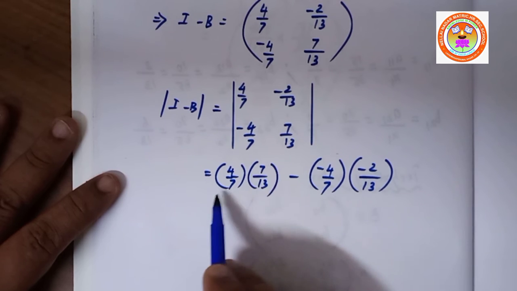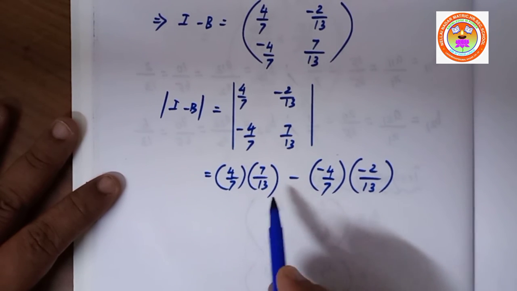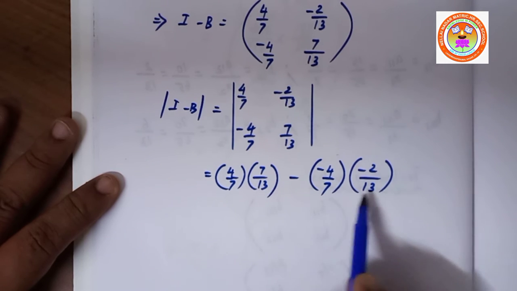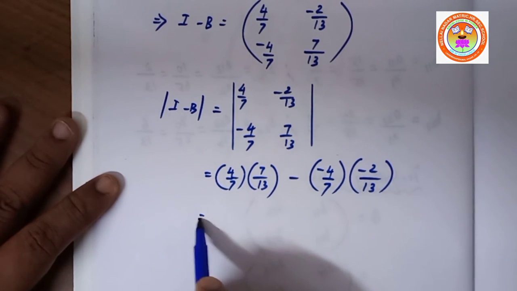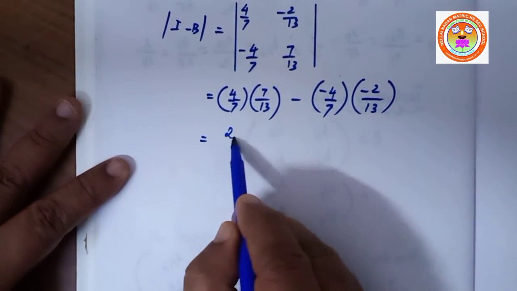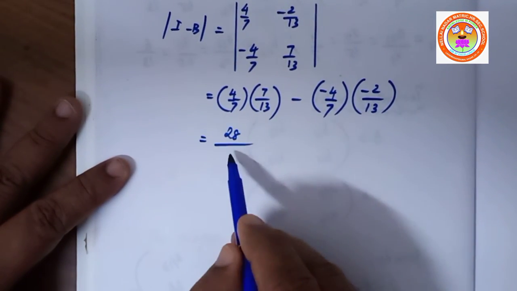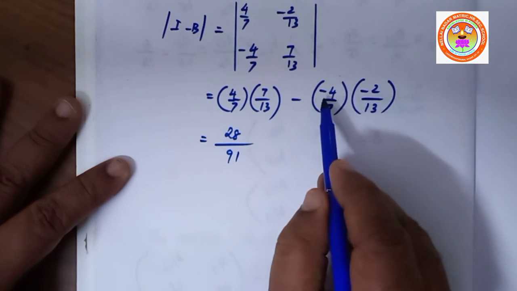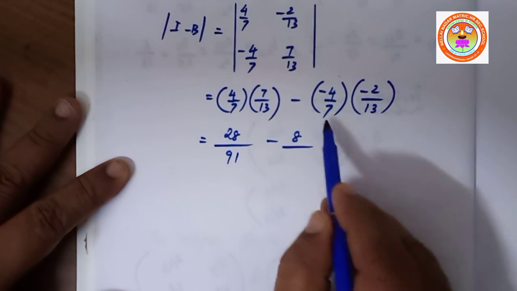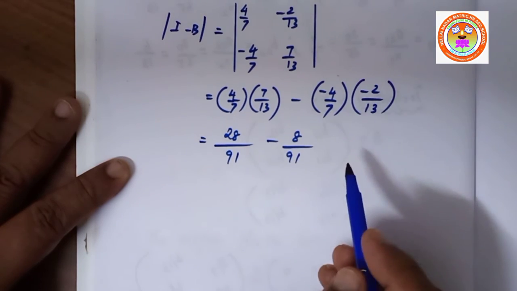Even though we can cancel 7 and 7, don't cancel here, because here 7 and 13, here also 7 and 13, so you can take the common denominator. That will be easy for you. Multiply the numerators: 4 7s are 28, divided by 7 into 13 is 91. Minus into minus is plus, plus into minus is minus. 4 2s are 8, divided by 7 into 13 is 91.